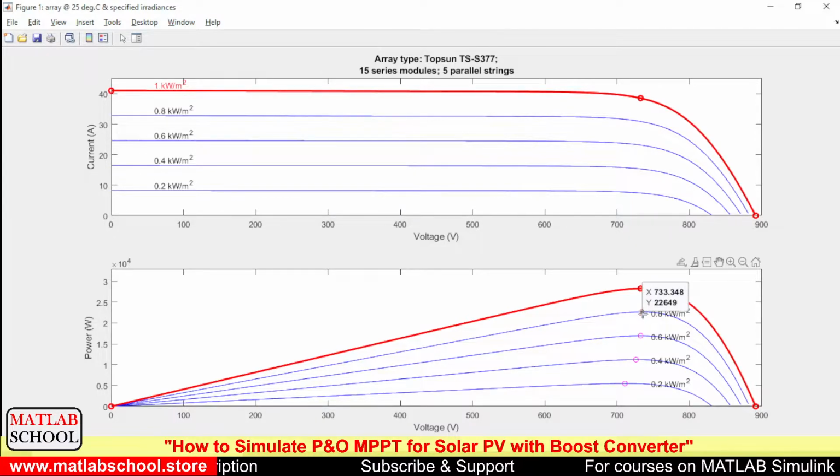When the irradiation is 800 and the temperature is 25 degrees C, the maximum power that we can get out of the system is 22,649 watts, and the corresponding voltage that we get is 733.